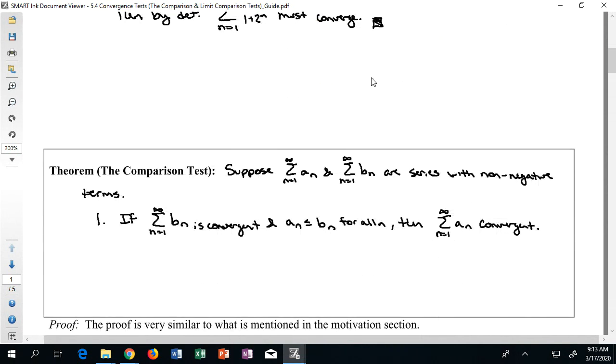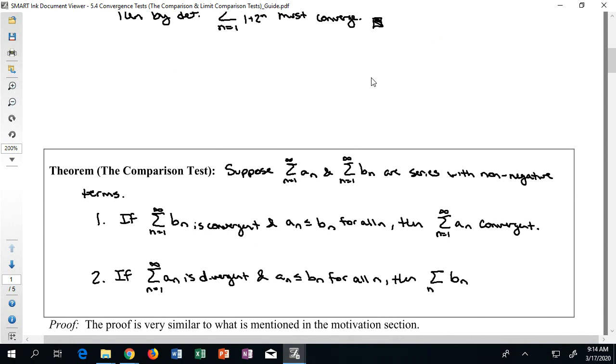Okay? In a very, very similar way, we could actually argue that if, let's say, A sub n was divergent, again, A sub n still the smaller list of numbers, then by a similar argument to what we did above, we could claim that the series with B sub n is divergent.